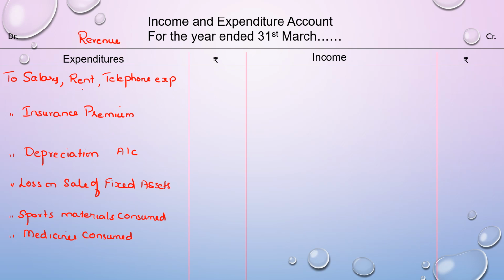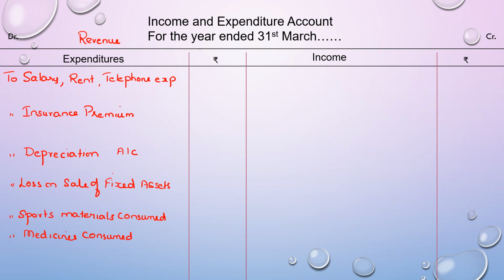Like the salary paid, rent paid, helps you to get the services of the employees during that year. Rent you pay, you are able to use the premises. Telephone expenses for the telephone service that you have used. Insurance premium you have paid is for the period of that accounting year for which you have paid.